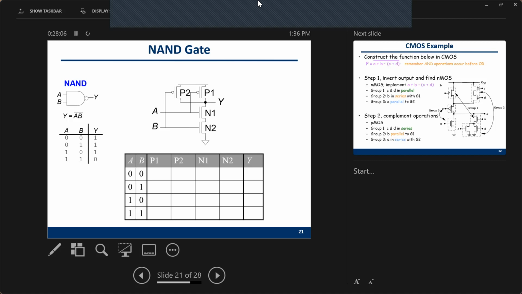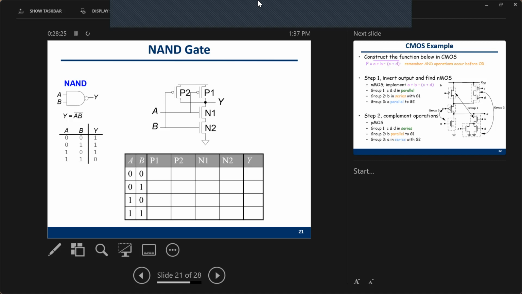So if A and B are 0, these 2 PMOS, P1 and P2, are closed because A and B are 0.